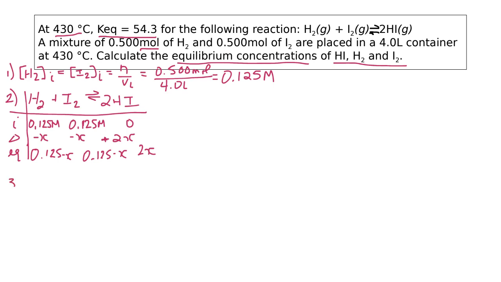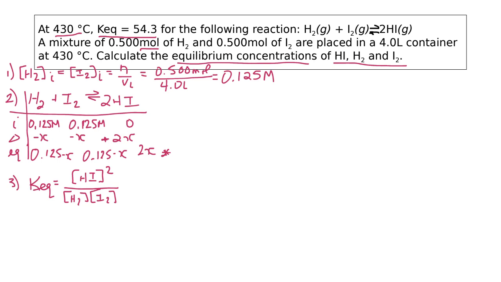Step 3 is to set up our KEQ expression. So we know that KEQ equals the concentration of my products, so concentration of HI raised to whatever power the coefficient that is present, divided by my reactants. And each of those have a coefficient of 1, so I don't see any powers there. Remember that this expression can only use equilibrium values.